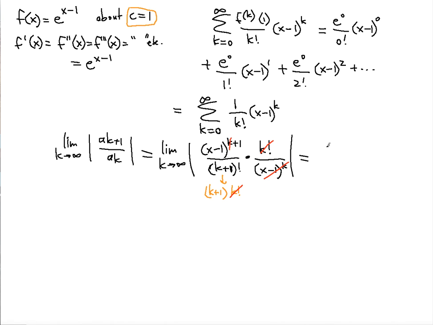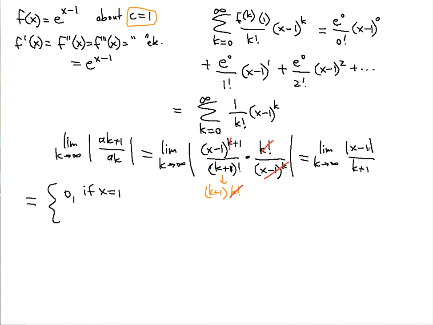So what are we going to have? We're going to have basically the limit as k approaches infinity of the absolute value of x minus 1 over k plus 1, the lone k plus 1 that remains. So it has two possibilities. The limit value is 0 if x is set to 1, because then this whole thing is 0.